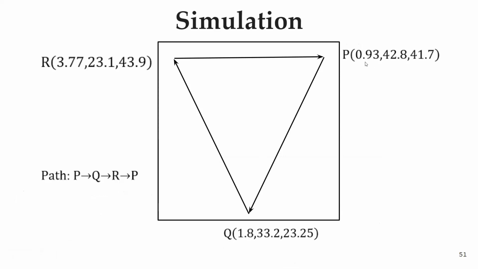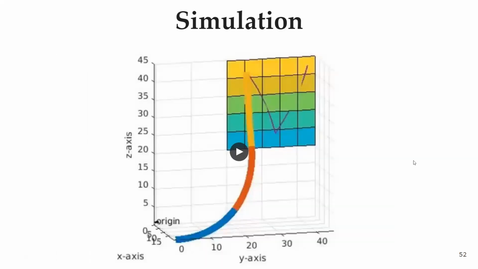I've selected some random lengths of the strings, and according to that, I've calculated that the robot will reach these points, and I have simulated. The robot will go from P to Q to R and back to P. So let's watch this video.